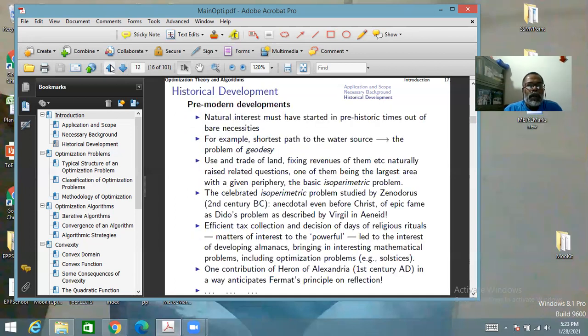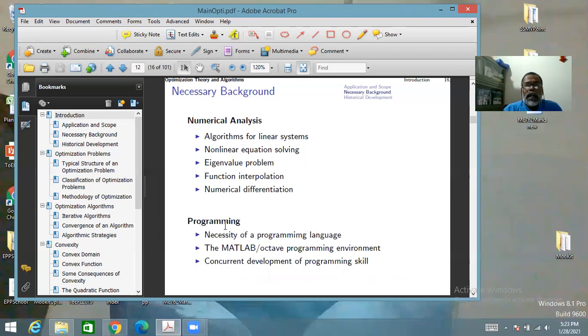And it is good to have a background of a programming language. That is going to help. If you do not have, then you can also use the MATLAB Octave programming environment, but that you should be able to use properly. And what happens is that many times people who take this course, along with the course, they concurrently also develop some programming skill.